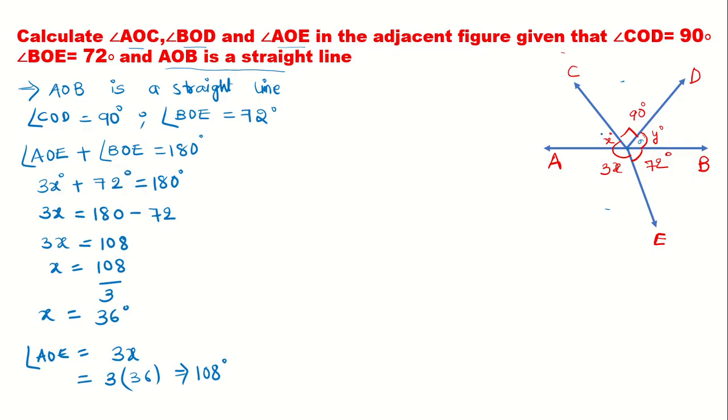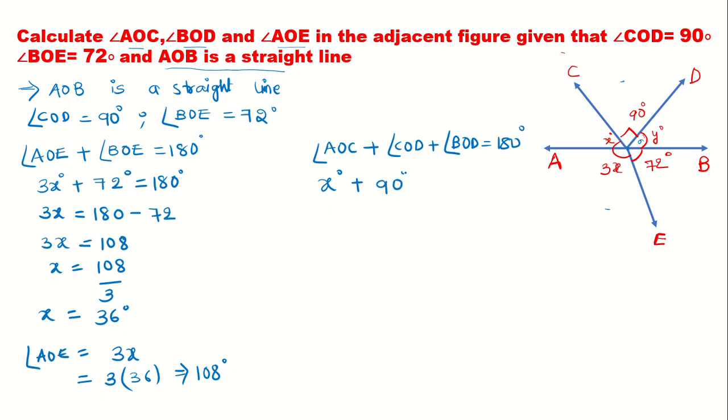See, in this part, we are having three angles. The three angles are angle AOC plus angle COD plus angle BOD which is equals to 180 degrees. Now, what is angle AOC? It is x degrees plus what is angle COD?